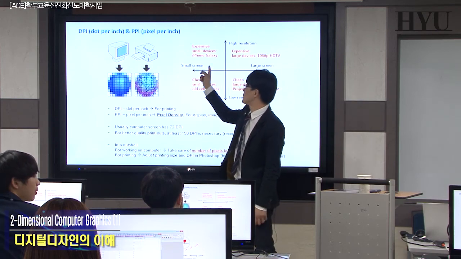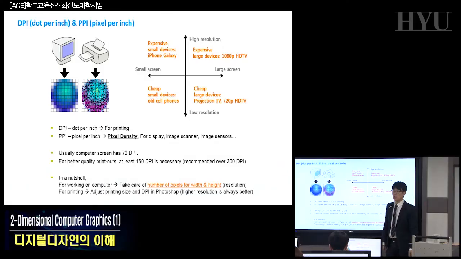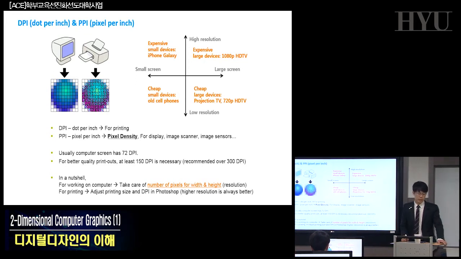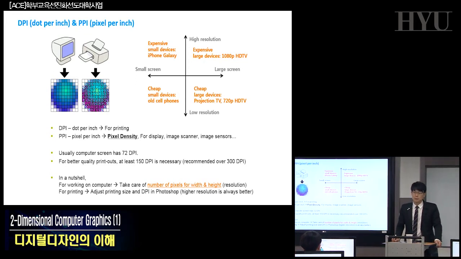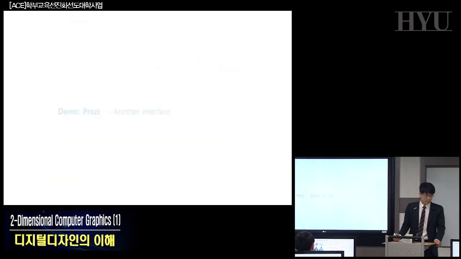But sometimes even if it's a small screen, it's very expensive because of the so-called retina display, something like this MacBook Pro or some other devices which adopted retina display. Because of the high density PPI, very small size pixels on the screen, we cannot differentiate actual pixels whenever we see the screen. That is why it's expensive. So this page simply shows you the difference between those several things.